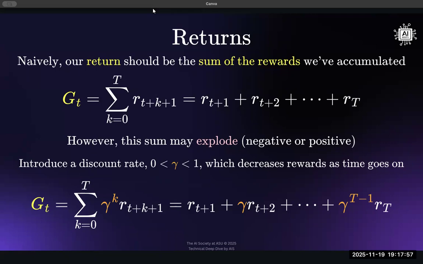So we introduce a discount rate, which is going to say that as you accumulate these rewards, we're effectively going to penalize the rewards as time goes on, and these rewards are going to decrease. So as you take longer and longer, your reward will become smaller and smaller. It's going to nudge the agent to speed up the process.